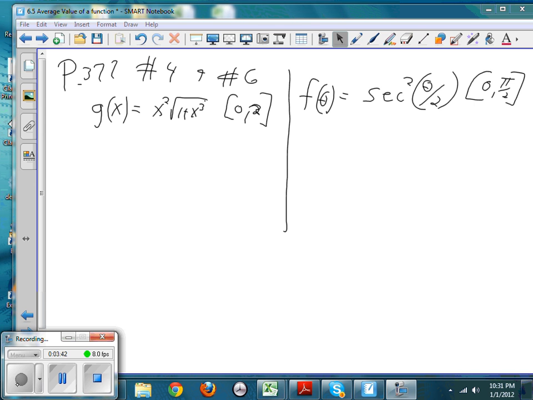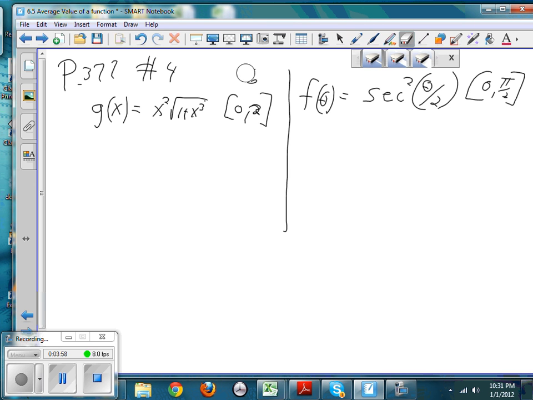Okay, I'm back to find average value, and since the concept's so simple, I thought I'd pick some maybe a little bit more difficult integrals to remind you of a few things. So the first problem here is number 4, on page 377, and this one here is number 6.